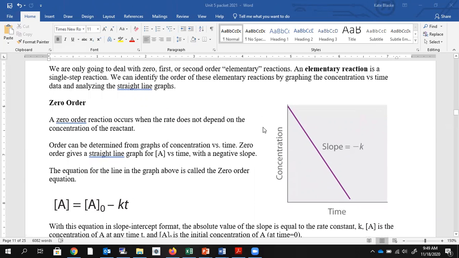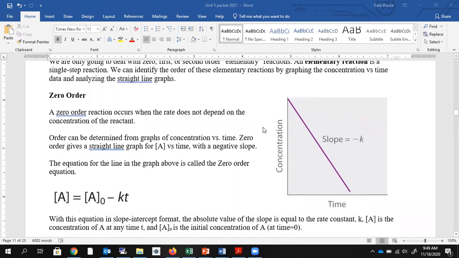A zero order reaction, like we said, the rate does not depend on the concentration of the reactant, which means that if we graph out the concentration versus time, the slope of that line, how the concentration changes with time, is going to be constant.